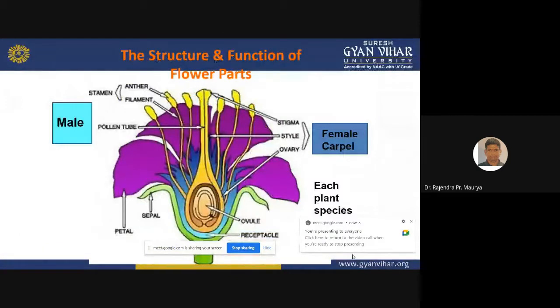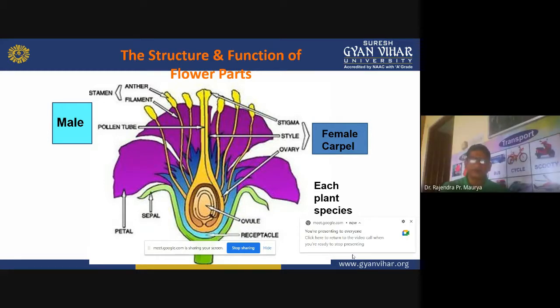I explained the two types of flower parts, androecium and gynoecium. Androecium is the male part of a flower. Gynoecium is the female part of the flower.